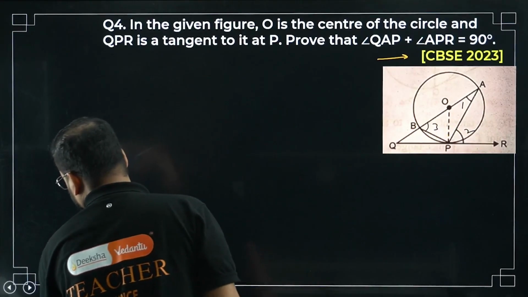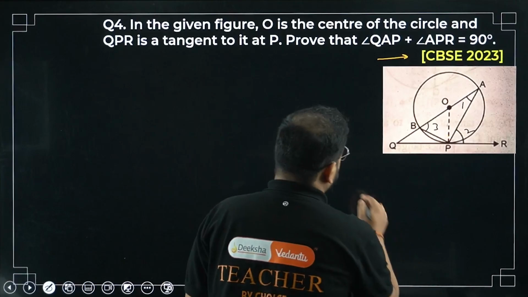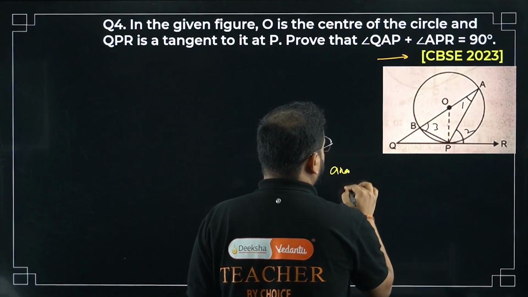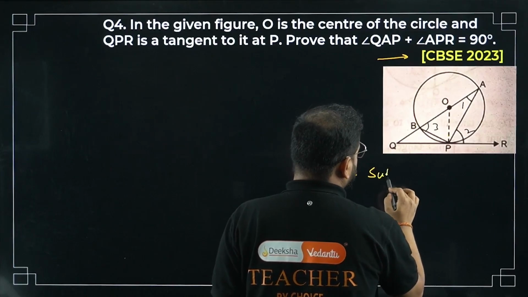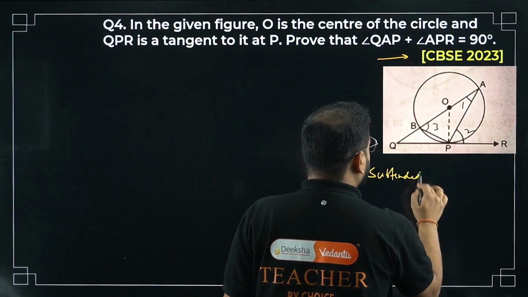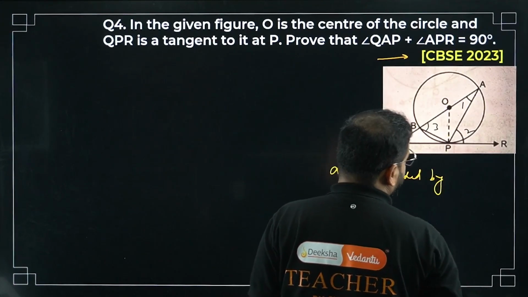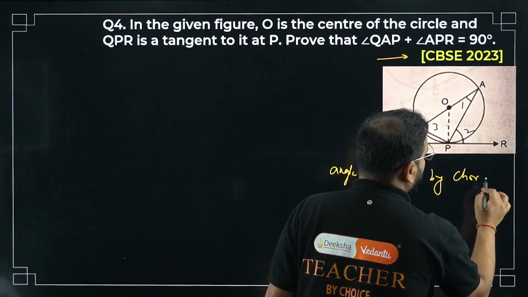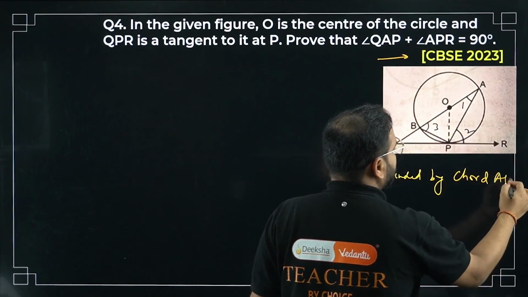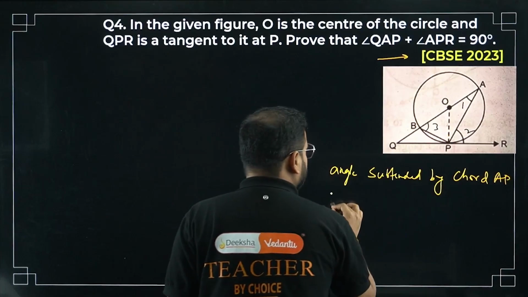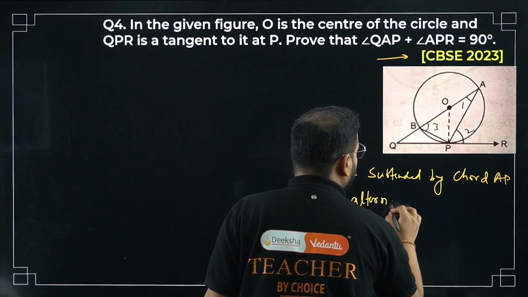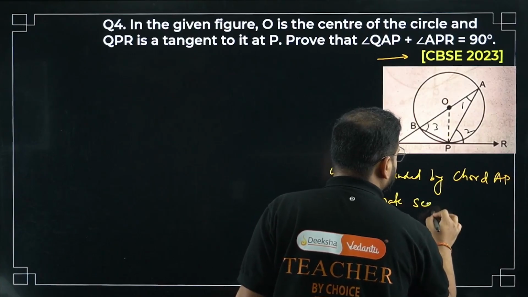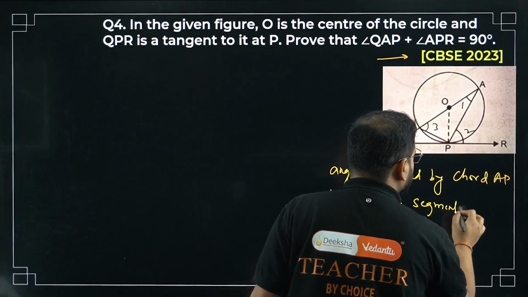So we have the angle subtended by chord AP in alternate segments. This you understand, right?